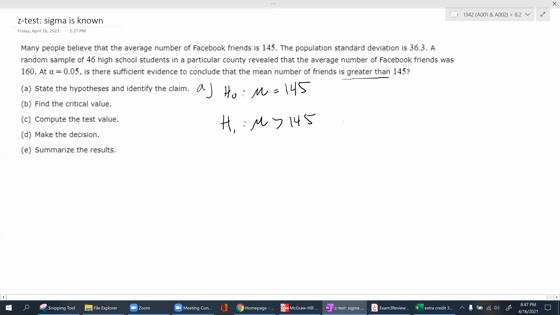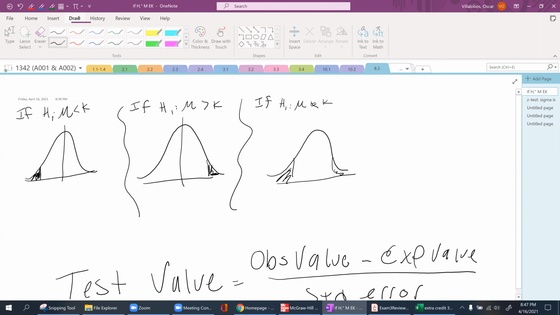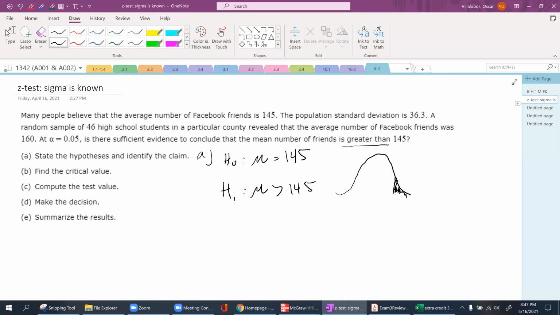I know that this is going to be what test: a two-tailed, a one-tail left, or a one-tail right? A one-tail right. If you don't remember, let's go back to this here. We are choosing this one, the greater-than case.